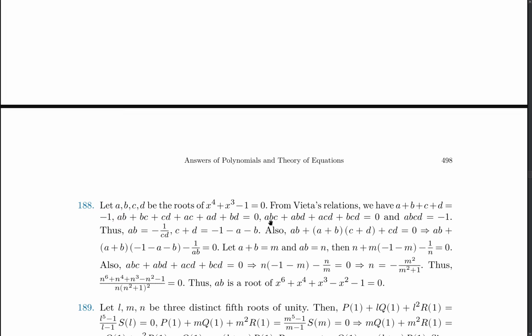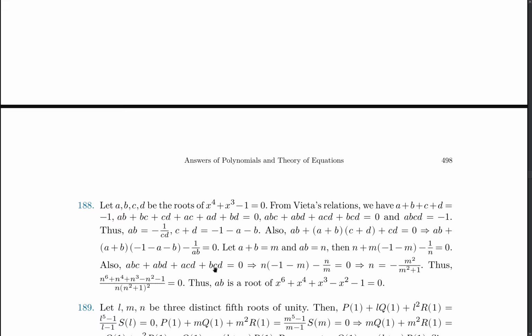We also have that ABC plus ABD plus ACD plus BCD is equal to 0. This is what the relationship of roots gives. So from this, we can write N into minus 1 minus M minus N by M is equal to 0. So from this one, we can figure out N as minus M square by M square plus 1.